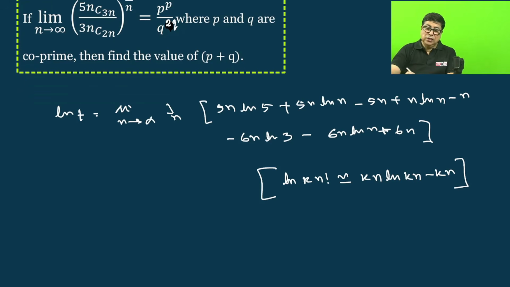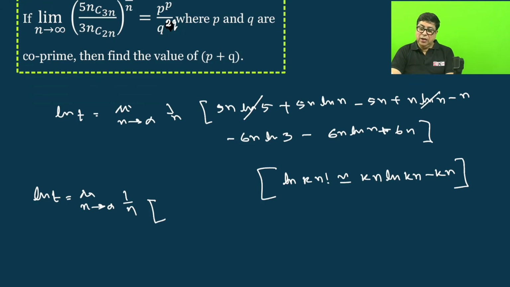So I am getting ln t equals limit n tends to infinity 1 by n. Just some values are getting cancelled. 5n ln n is cancelled with n ln n, and 6n minus 6n ln n is getting cancelled.